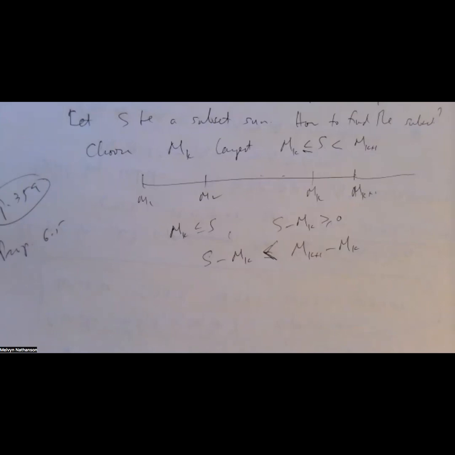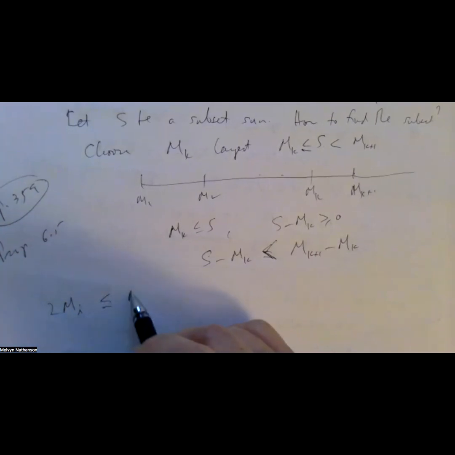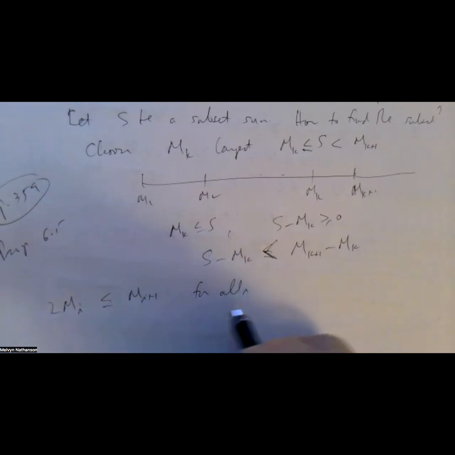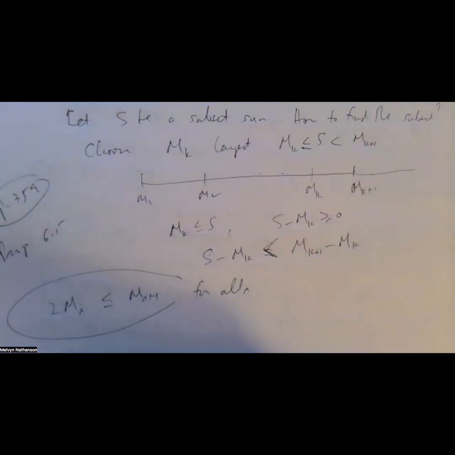The proof in the text is given in what's sometimes called pseudocode, as a computer program, but it's easier just to say what's going on. So we know that 2m_i is less than or equal to m_{i+1} for all i. That's what super increasing means.